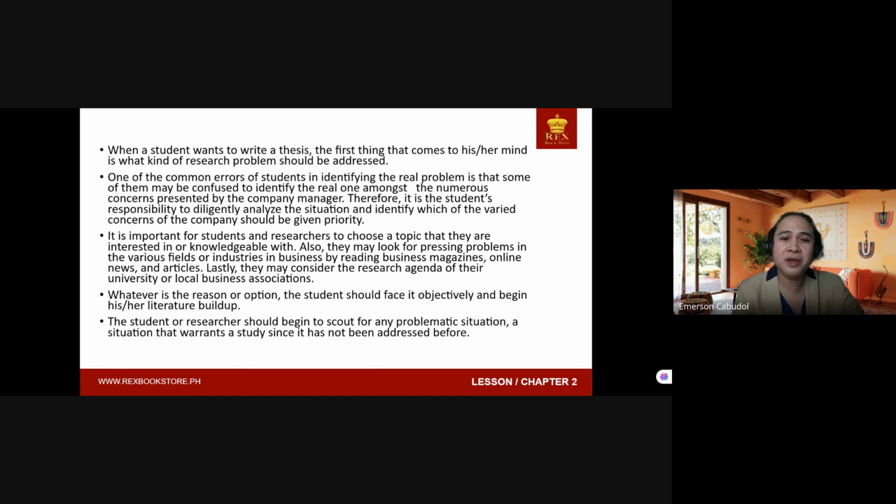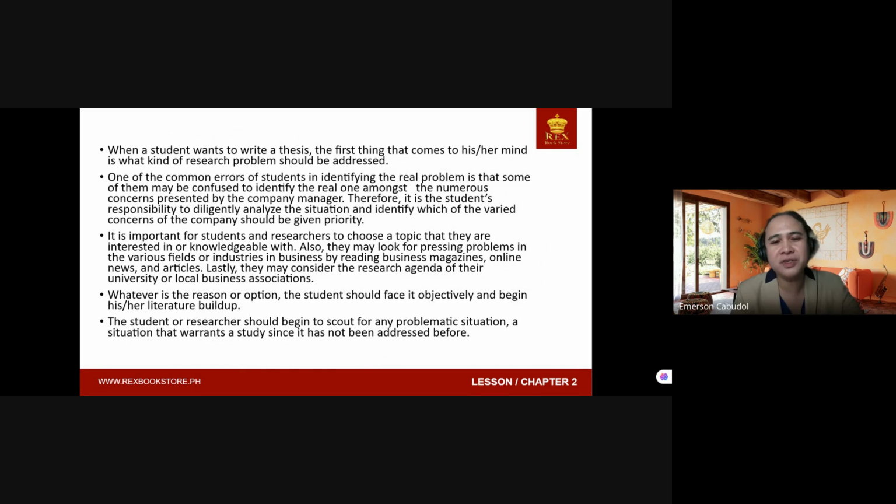We choose a topic of interest or a theme that we are knowledgeable about or have experience on. The students can find pressing problems in business magazines, online news, journal articles, or even by considering the university's research agenda. We also have the agenda of the country, agenda of the institution, agenda of the college, etc.